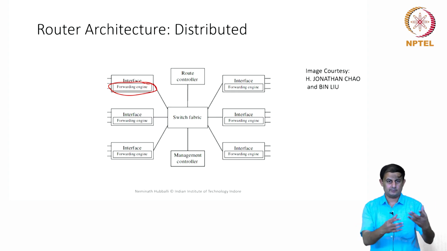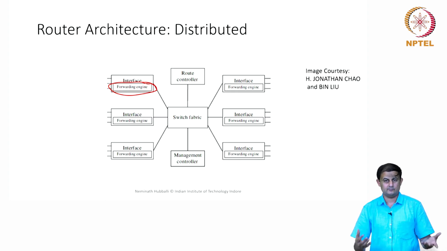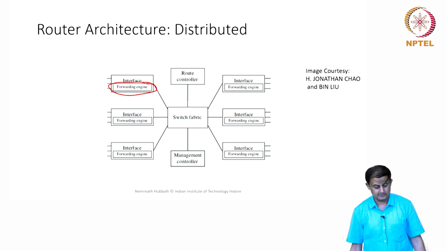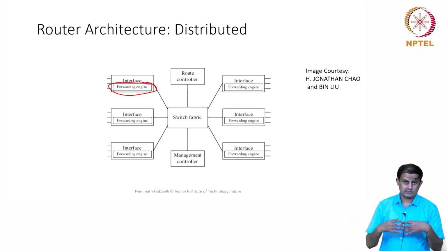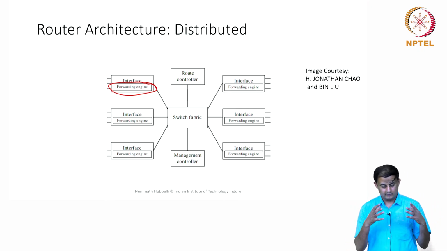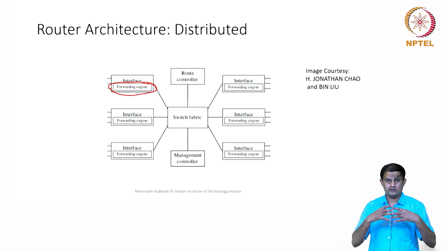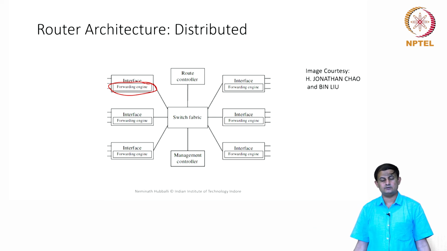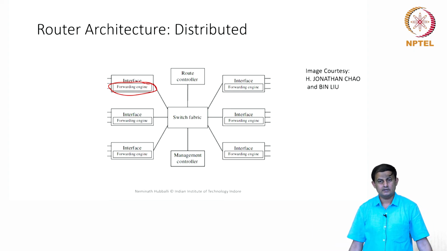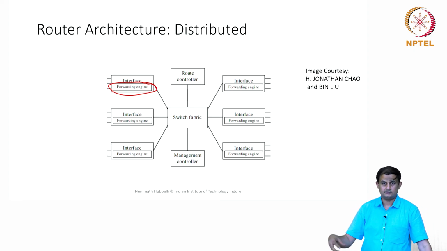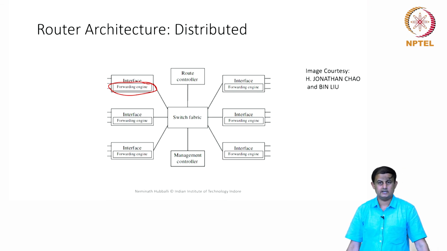I don't have to wait for a forwarding engine to become free to do the lookup operations. Typically nowadays, the routers that you see follow this distributed architecture, where every interface card has an instance of the routing table loaded, along with the necessary network processor to do the lookup operations.